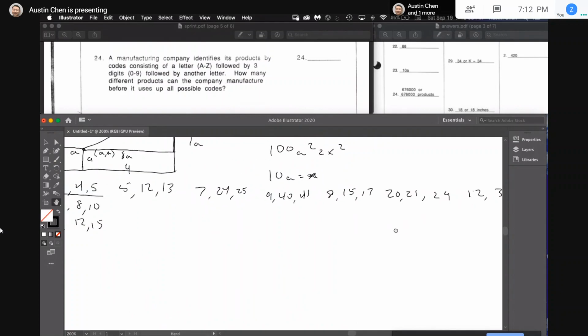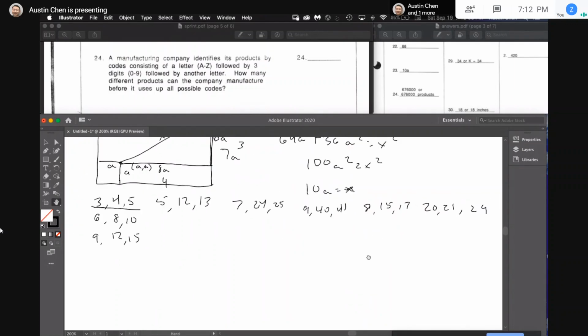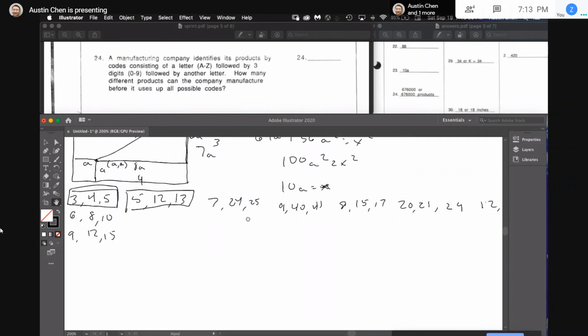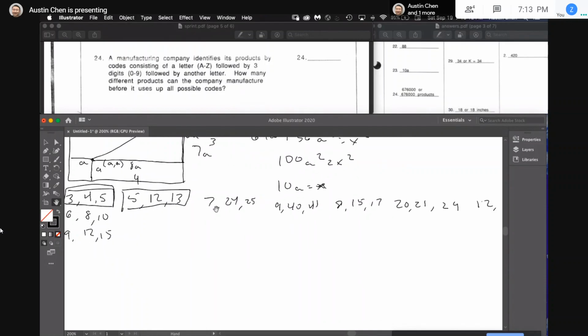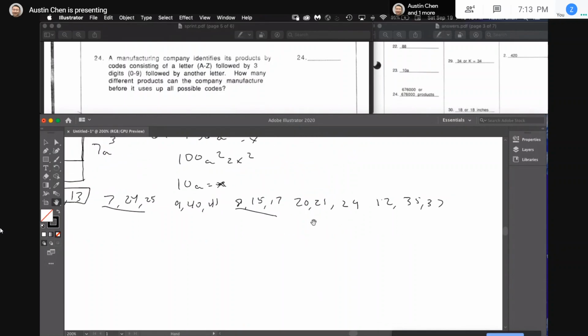Definitely 3, 4, 5 is extremely common. 5, 12, 13 is also extremely common. 7, 24, 25 is less common but will show up. It's kind of the same with 8, 15, 17. 9, 40, 41 and the other ones probably aren't going to show up. I don't even think I've seen them really, maybe a few times, but very few.